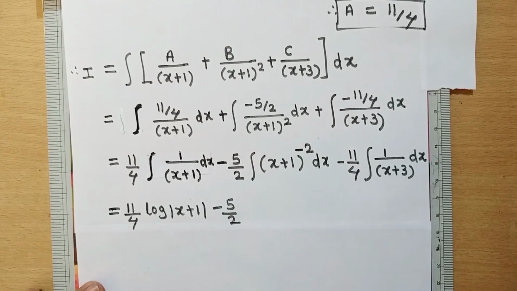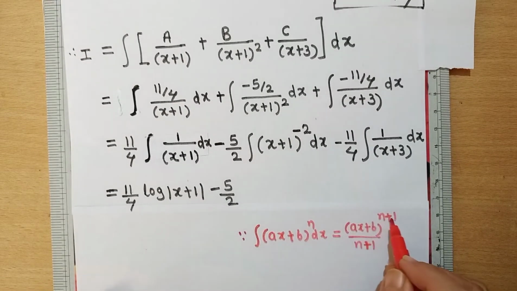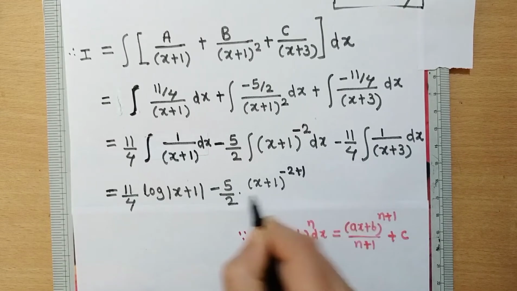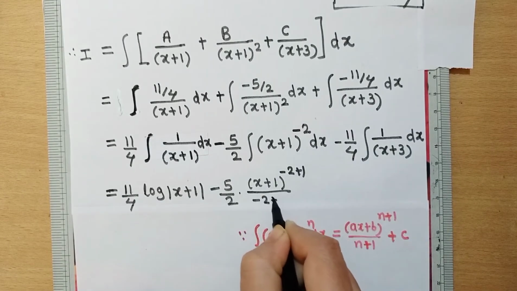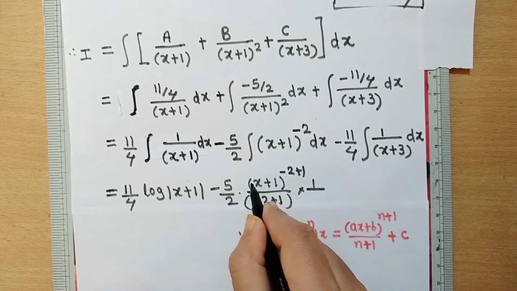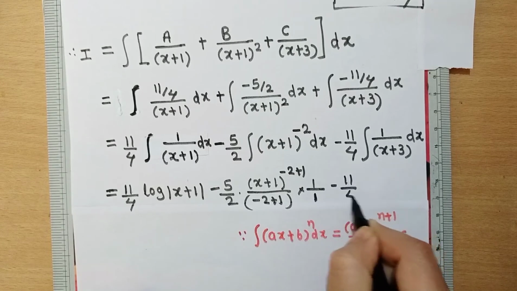Now we know the formula, and its answer is (ax plus b) raised to n plus 1 upon n plus 1, plus c. So we will use it here, and so here minus 2 plus 1 upon minus 2 plus 1, and again multiply by 1 upon a, the coefficient is 1, and minus 11 upon 4.